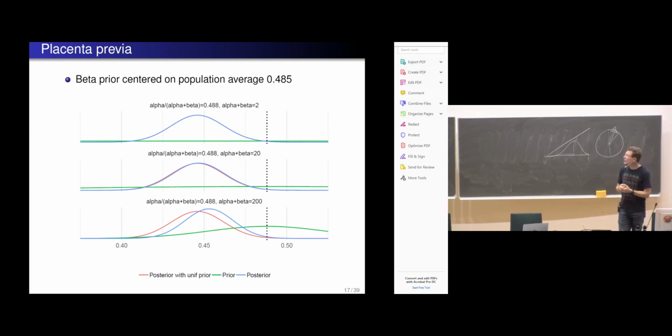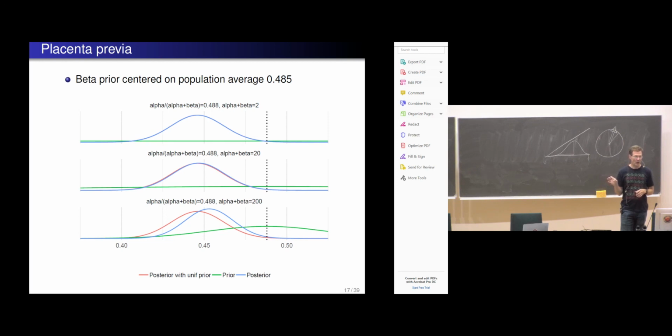Here are plots from the placenta previa example, and you can remember that there was about 400 and about 500 girl and boy babies there.